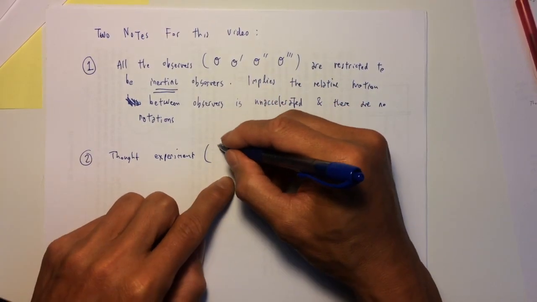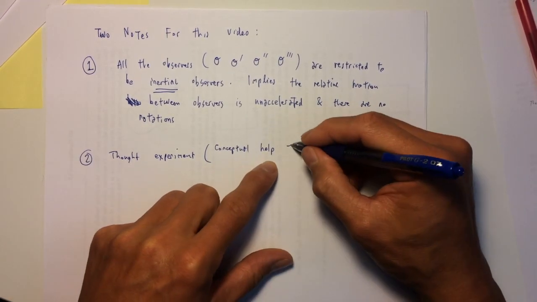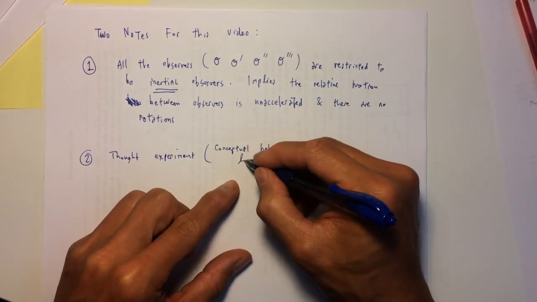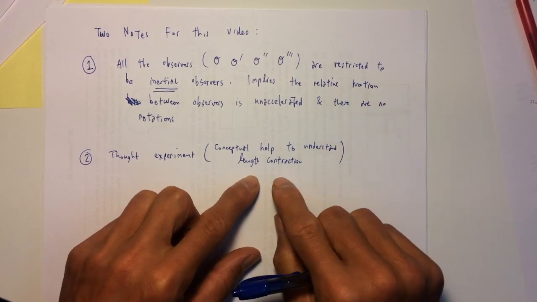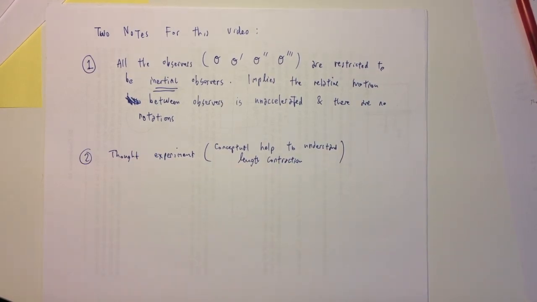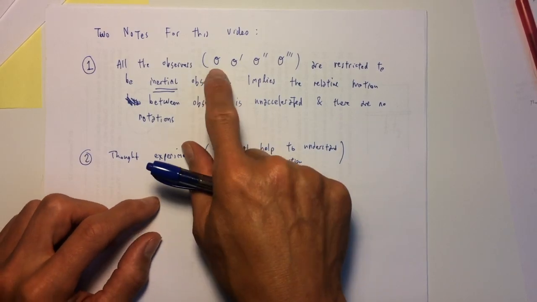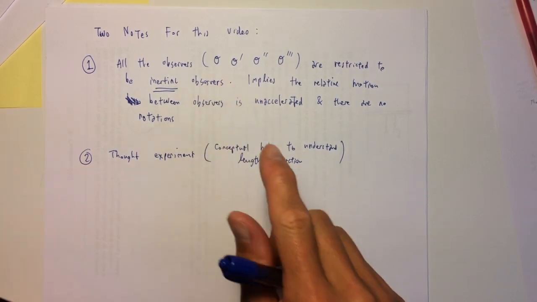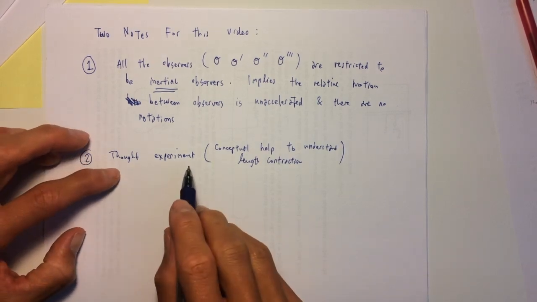And this thought experiment will conceptually help to understand length contraction, which is a typical interesting first sort of result of special relativity, is that not all these observers are going to observe the same lengths of the same thing, even though they all know how to build a meter stick. Those meter sticks, if you know how to compare them, are identical. But anyways, here's a thought experiment.